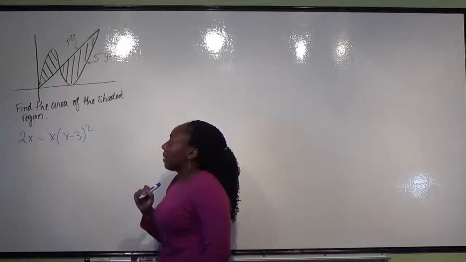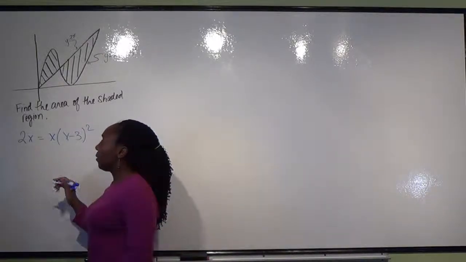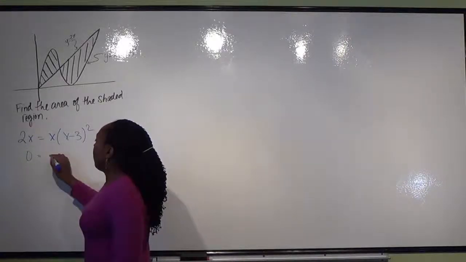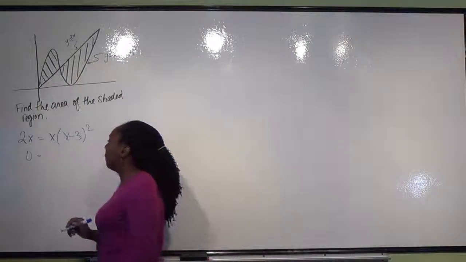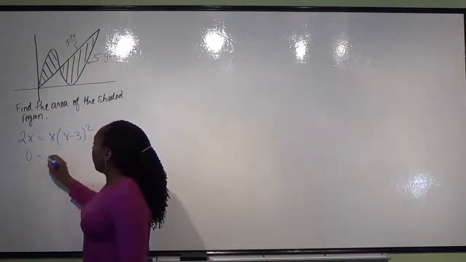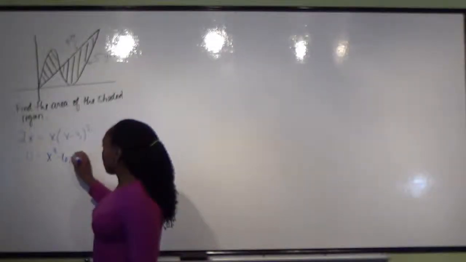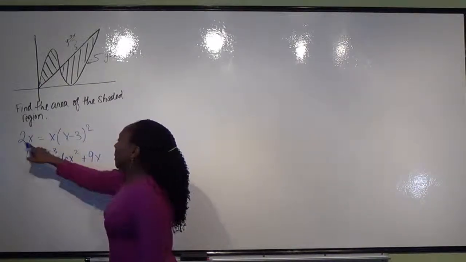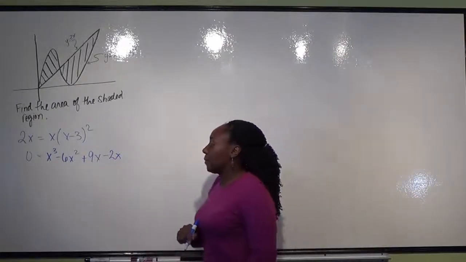Okay. And so to solve, I want to move everything to one side since I have x's on both sides. I'm going to go ahead and FOIL this out. If I FOIL that out, I'm going to get x cubed minus 6x squared plus 9x, and then I'm going to subtract off the extra 2x.